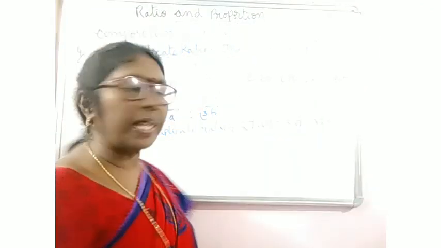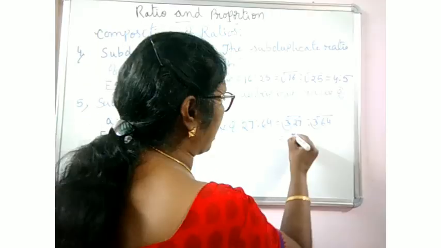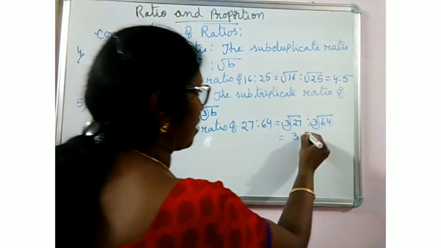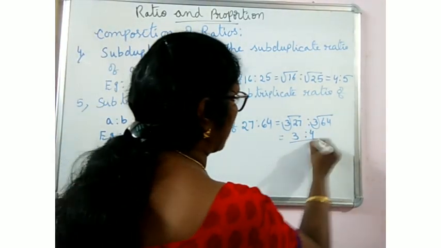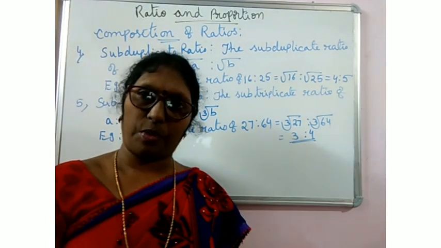When you multiply 3 times, you are getting 27. So cube root of 27 is 3. Cube root of 64 is 4.